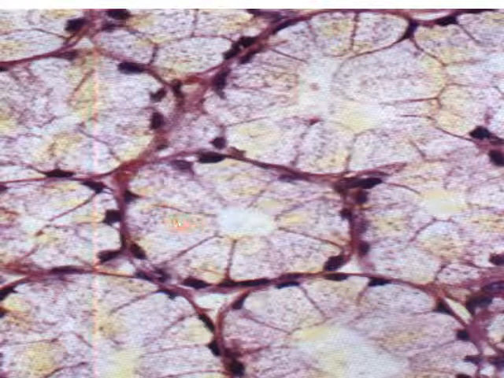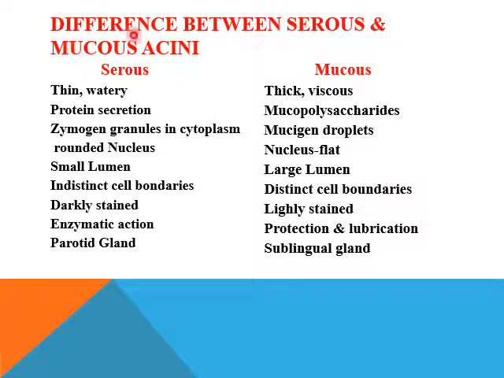amount of carbohydrate. The difference between serous and mucous acini: in serous there is a thin watery secretion, while in mucous there is a thick viscous secretion. Serous is protein secretion, and this is mucopolysaccharide secretion. The presence of zymogen granules in the cytoplasm of serous acini, while there are mucogen droplets in the mucous acini around the nucleus, while this flat nucleus, both of them basally located.